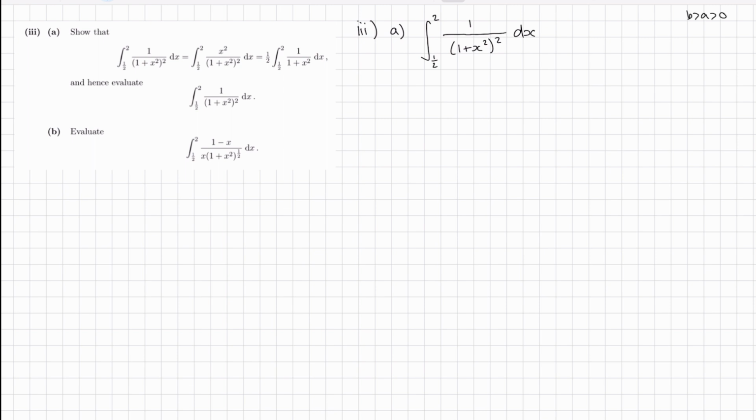And if we use the same substitution of x equals 1 over t, our bottom limit here is going to be 2. Our top limit is going to be a half.